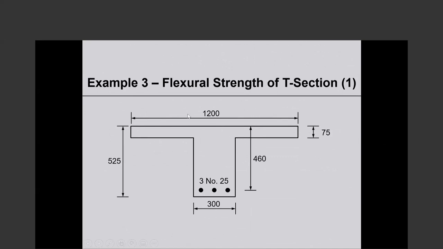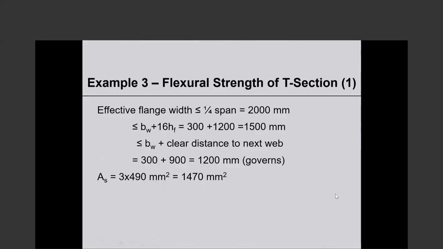So other than the 1200 millimeters, all the information in this figure comes from the problem statement. 300 millimeters wide beam, 525 total depth, 460 is the effective depth, 75 is the slab thickness or flange thickness, and 3 number 25 bars.